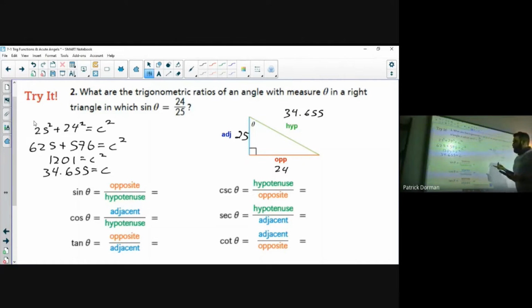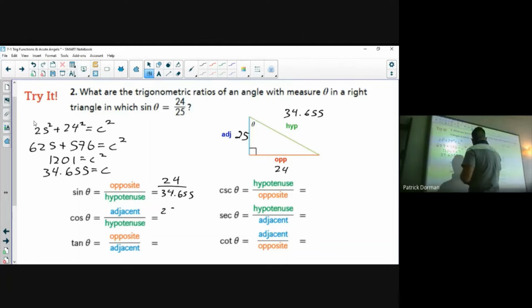All right, and so we can put a decimal in there. That's fair game. So that means that's 24 over 34.655, and 25 over 34.655.